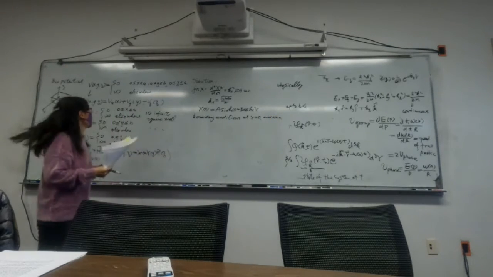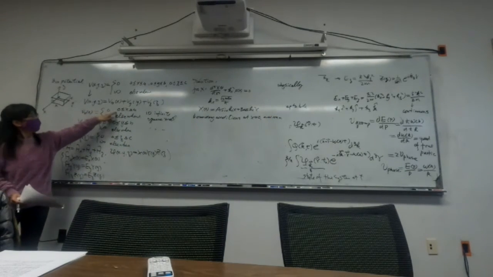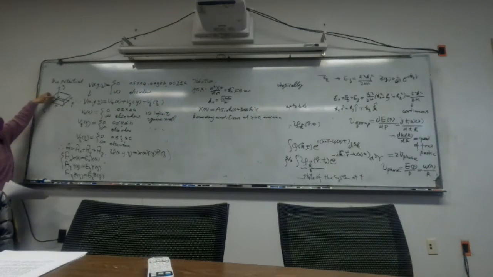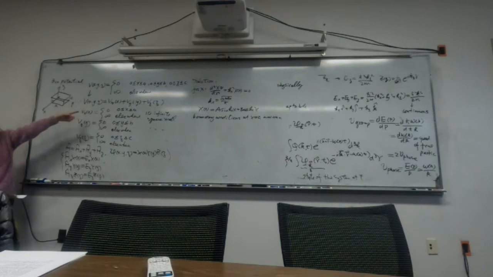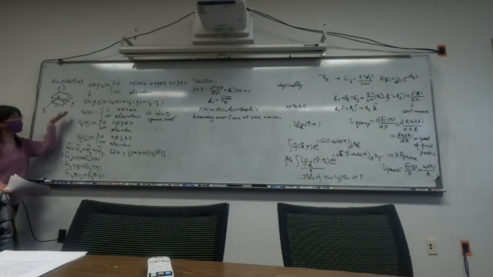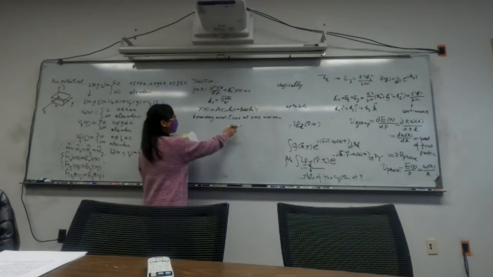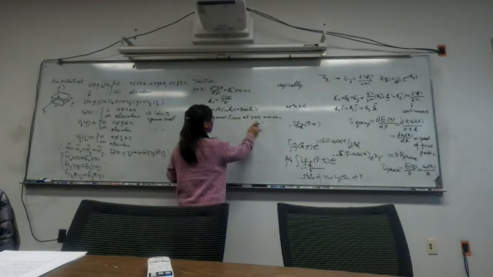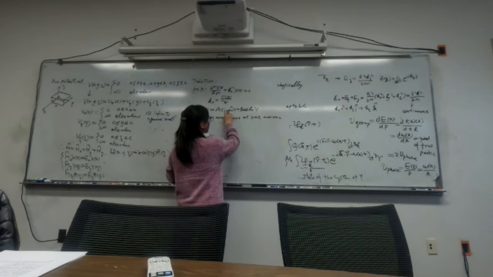We have 2 boundary conditions here. Outside, all are infinite potential, so the wave function is 0. If you satisfy this boundary condition, you substitute x equal to 0, and it must be equal to 0.